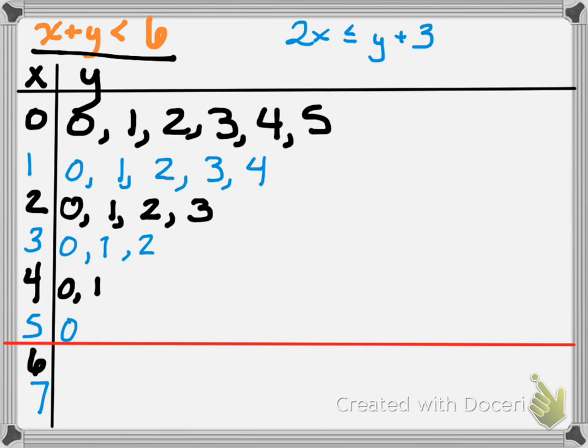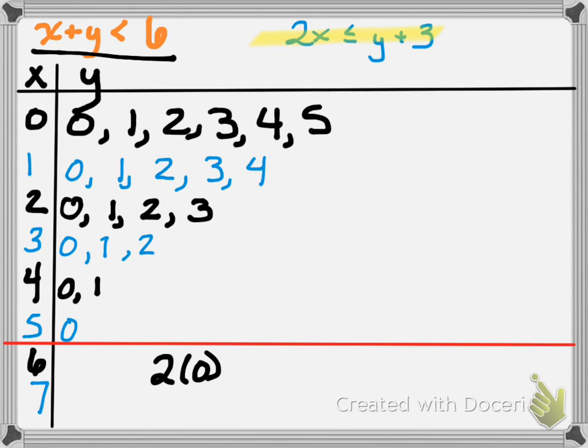And I'm going to use a highlighter to help us find one that works for it. We're going to highlight it. I'm going to use a yellow highlighter to say the ones that are solutions to this. So our rule is 2x has to be less than y plus 3. So 2x, and I'm going to show my work down here.